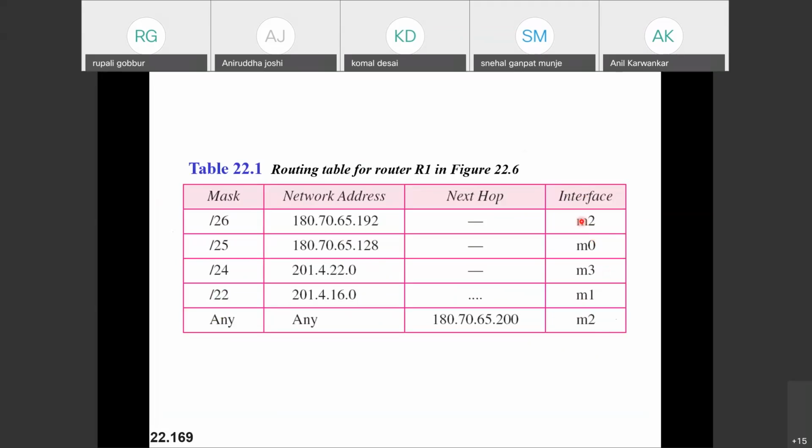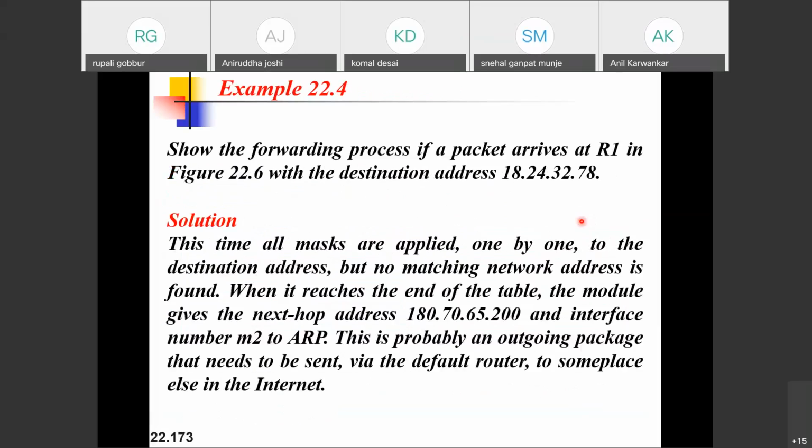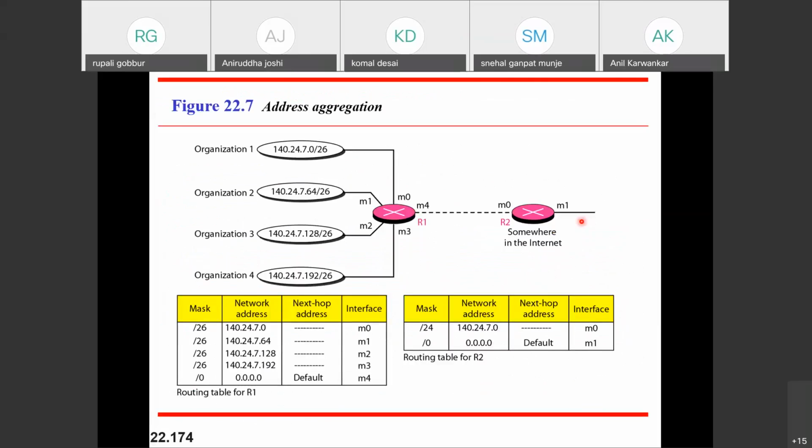These are the interfaces which actually provide the hopping for the packet. Again, a similar type of configuration. This typical configuration is known as the address aggregation configuration.